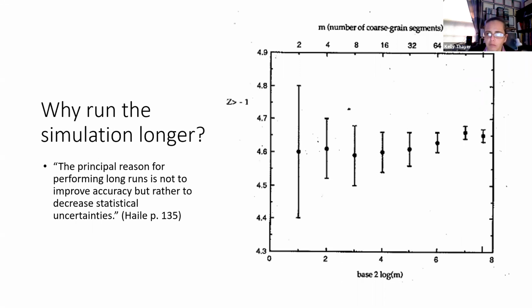So why should we run simulations longer? Well, the reason for running simulations longer isn't to get better accuracy, because that's going to be limited by the code. It's actually to decrease the statistical uncertainties. And basically, as you can see, we're following some particular property here. We're following the virial again.